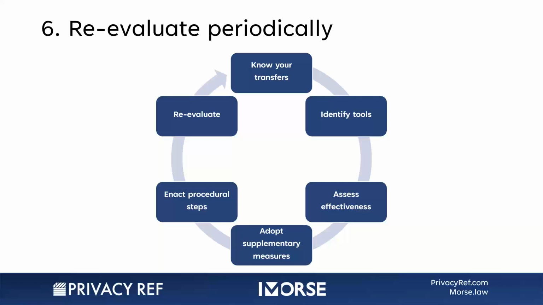The European Data Protection Board guidance certainly does allow for the subjective experience of the importer in terms of whether they have received these types of access requests from government authorities to be a factor that's considered. Also, that can be a factor is whether other businesses in the same type of industry have received these types of requests.